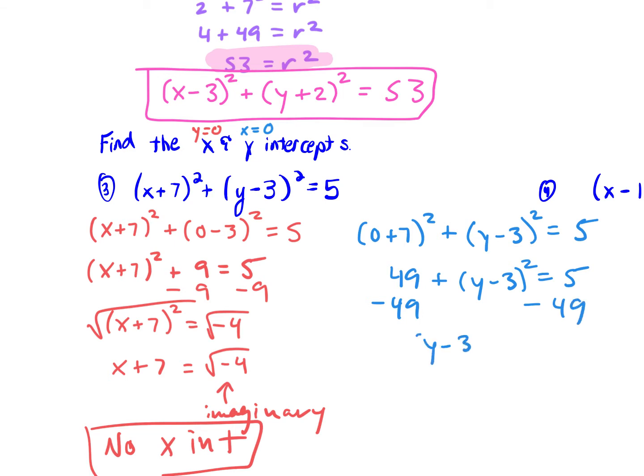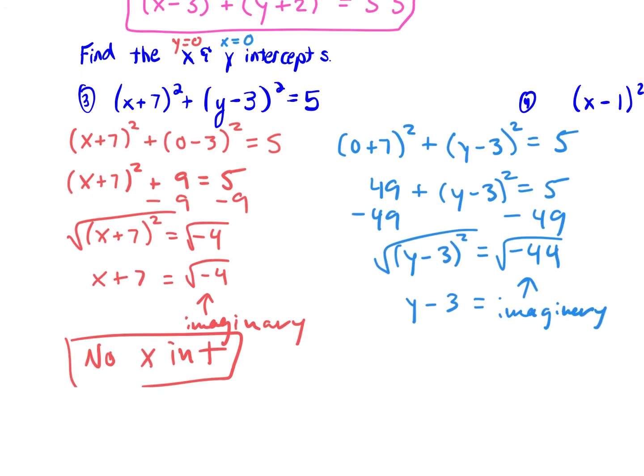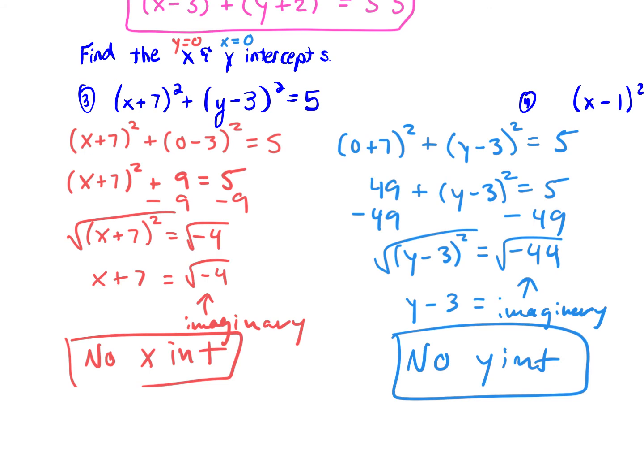(Y minus 3) squared is equal to negative 44. Take the square root of both sides. We get an imaginary number. So do we have a y-intercept? No. Nope. No y-intercept.